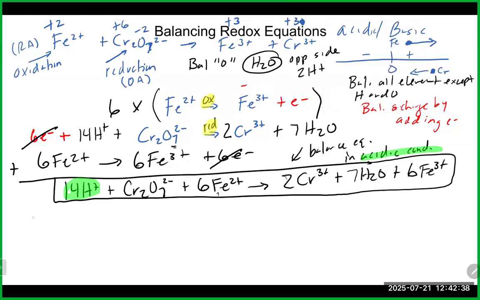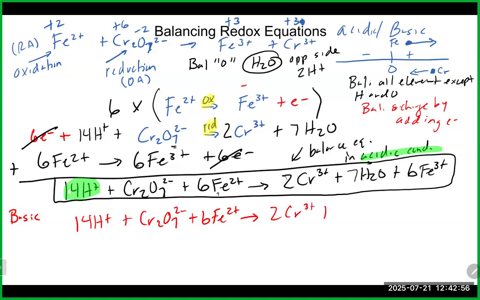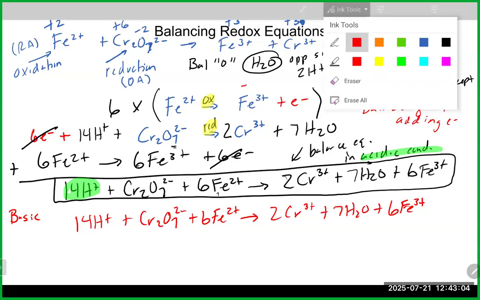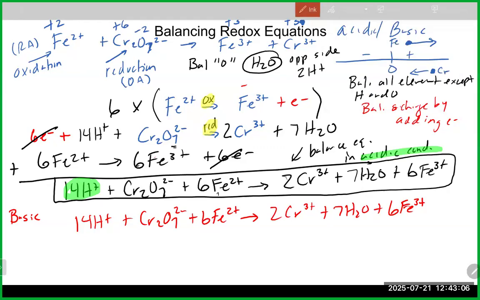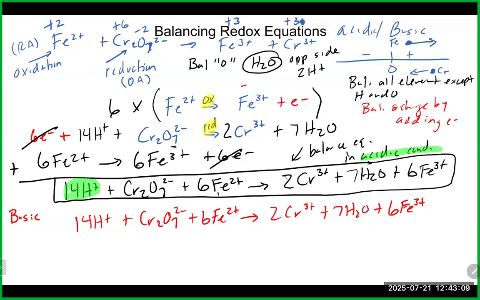So if we wanted to turn this into basic conditions, I'm just going to recopy the equation here, 14 H+ plus Cr2O7 2- plus 6 Fe2+ goes to 2 Cr3+, 7 waters, and 6 of the Fe3+. All right, so if we want to turn this into basic conditions, we're actually going to add hydroxide to both sides.